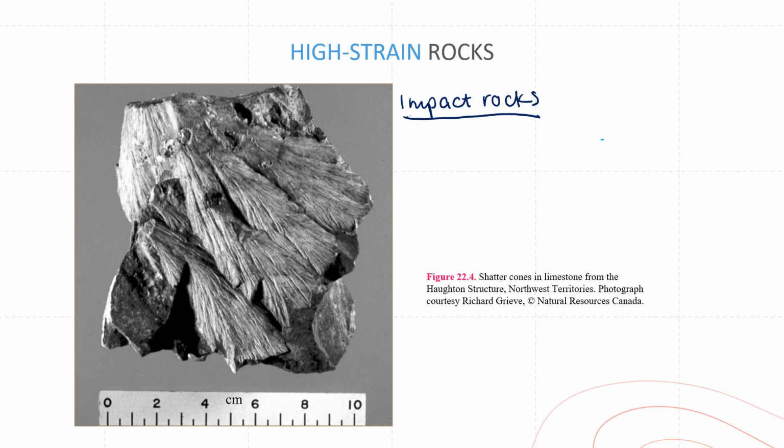So these are the product of catastrophic events, such as the impact of meteors or asteroids, and these produce large shock waves, and these raise the temperature at impact to thousands of degrees. So this melts and even vaporizes minerals, and these rocks can be called impactites.